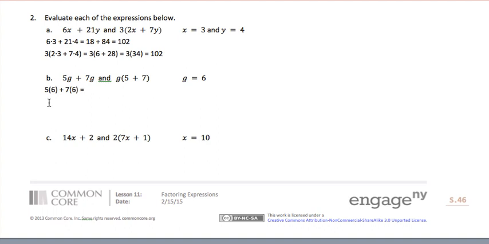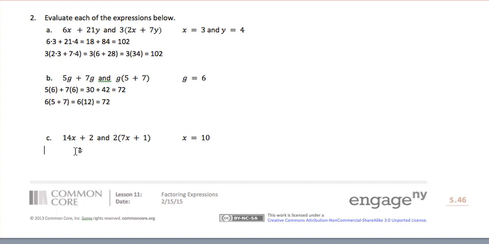If I multiply them, I get 30 plus 42, which equals 72. And the other method, if I put 6 on the outside of the parentheses, and then I add 5 plus 7. 5 plus 7 is 12, and 6 times 12 is 72.